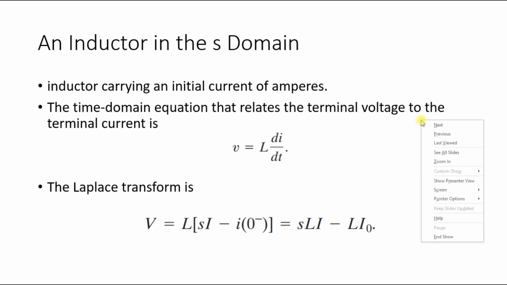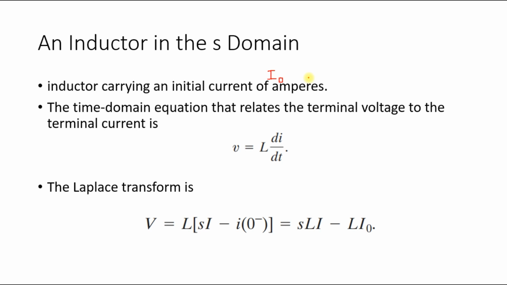So the inductor carries the initial current of I naught amperes, and the time domain equation which relates the voltage to the current is V equal to L into di by dt. That means my inductor will oppose a sudden change in current.